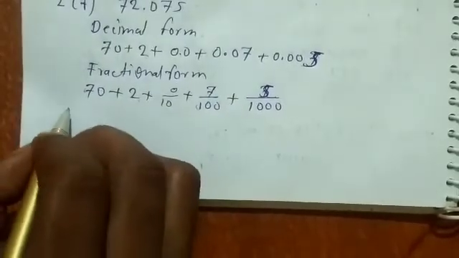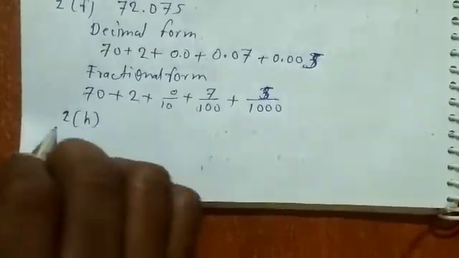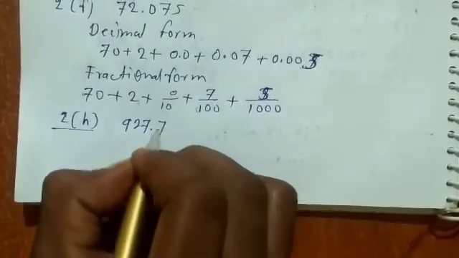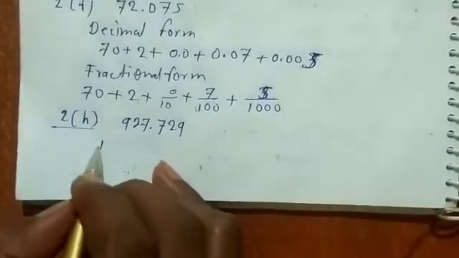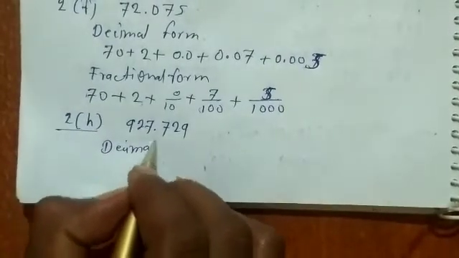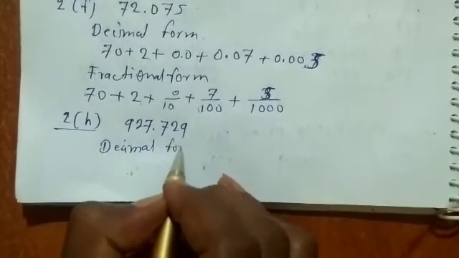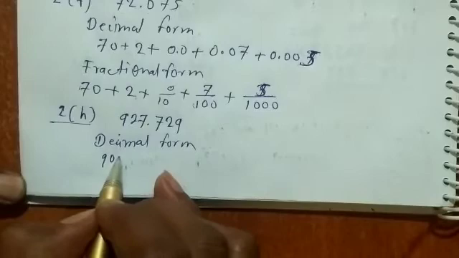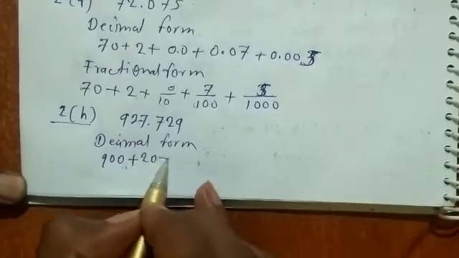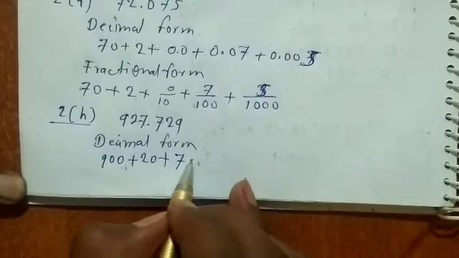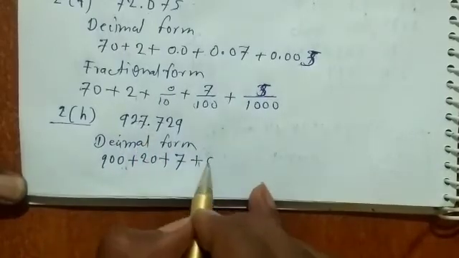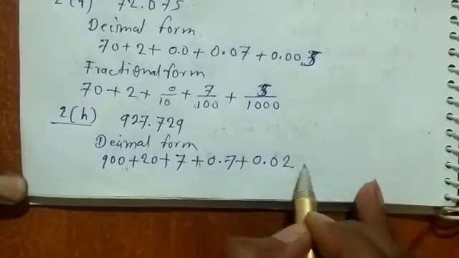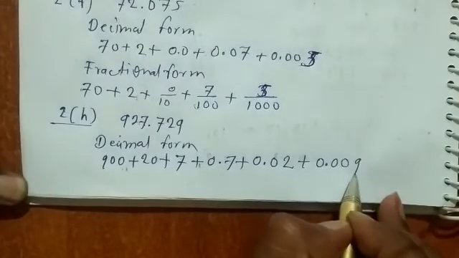Part H, this is question number 2, part H. Part H is 927.729. Its expanded form in decimal form will be 900 plus 20 plus 7 plus this is decimal, meaning 0.7 plus 0.02 plus 0.009.